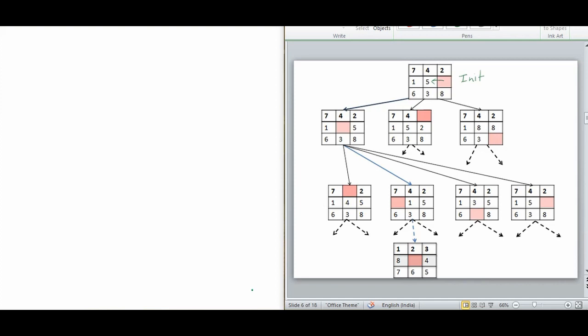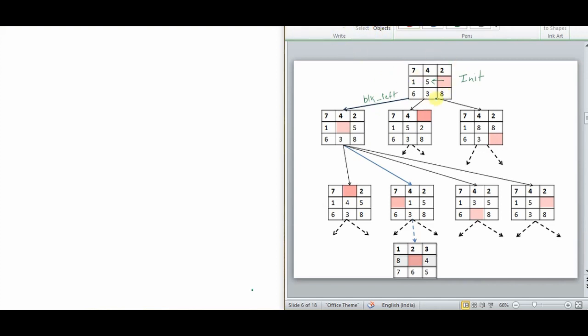How do you reach this state? By applying a rule. Which is the rule? The blank tile, we are moving one position to the left. This is one possibility.